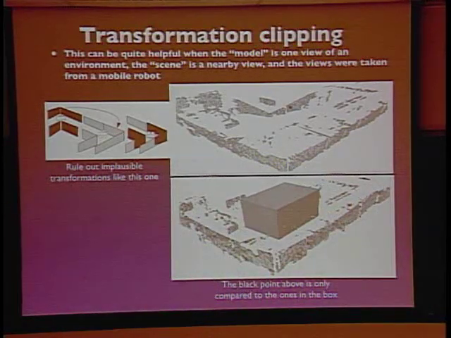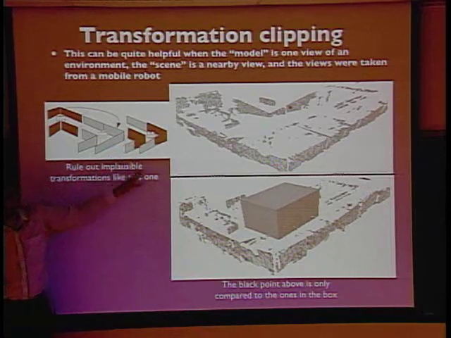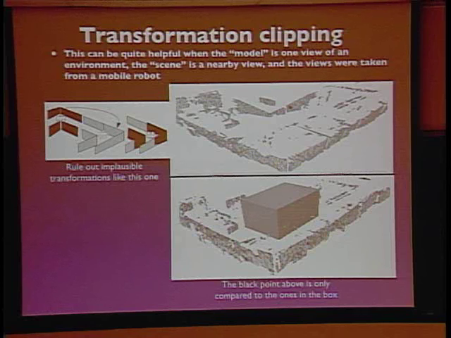So this does two things. One, it makes the finding of correspondences between model and scene, or between scan 1 and scan 2, faster because you're doing fewer of these comparisons. It also kind of stupid-proofs it by not allowing you to end up with this kind of matching. Okay?